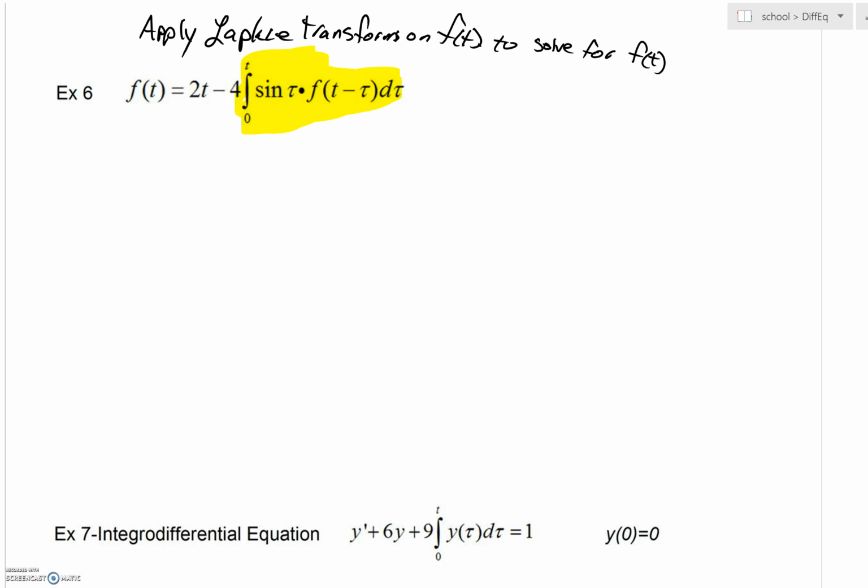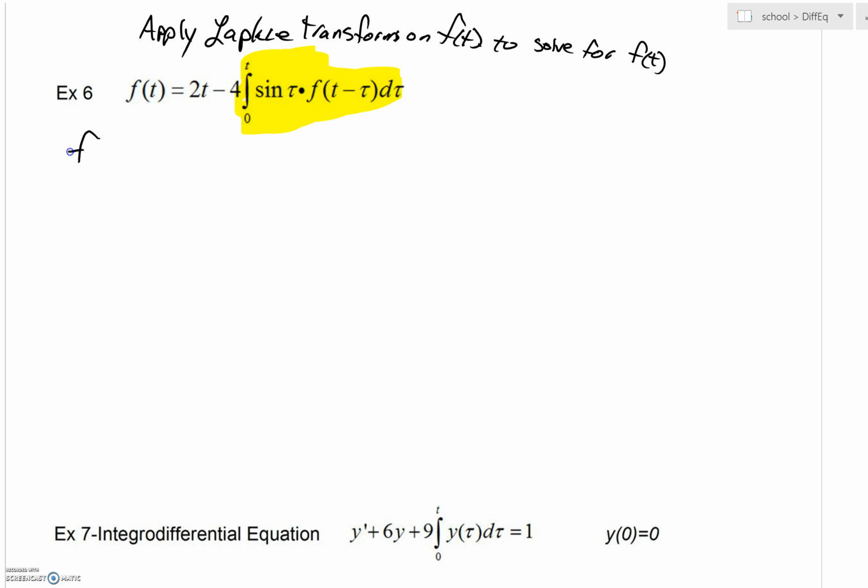Now, ironically, this is not a differential equation. If you're looking real quickly here, we can still apply Laplace transforms to solve for f of t, because we have f of t on the left side, but it's also on that right side. So I guess the very first thing that we could take a look at, I've highlighted this in yellow. You can notice that that integral really is a convolution.